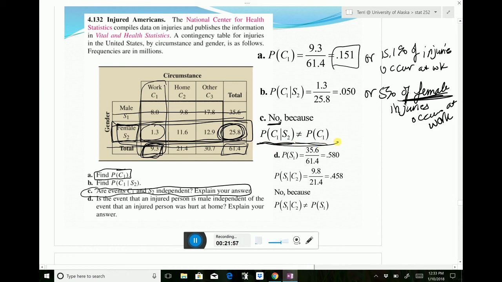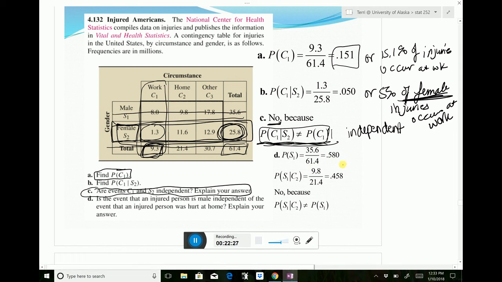These are not the same, because it appears to be more likely that you're injured at work if you're a man than a woman. A higher proportion of men get injured at work than women. So these two are not independent. Your gender influences where you get hurt.